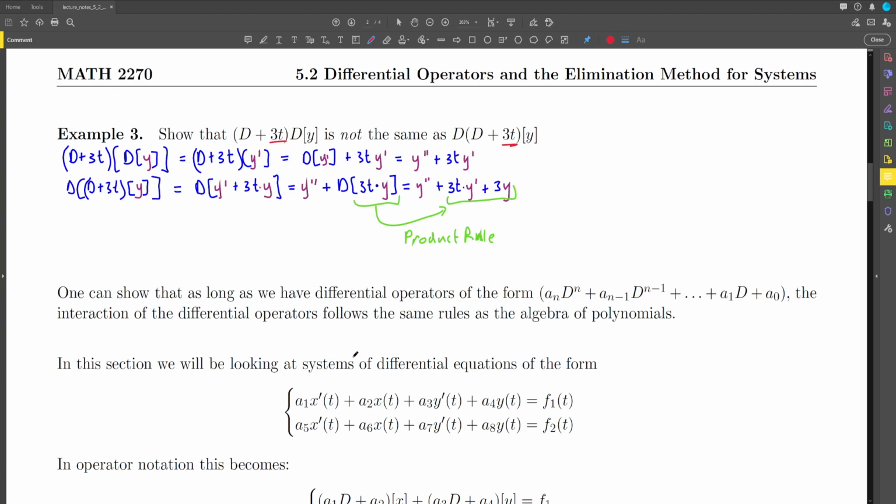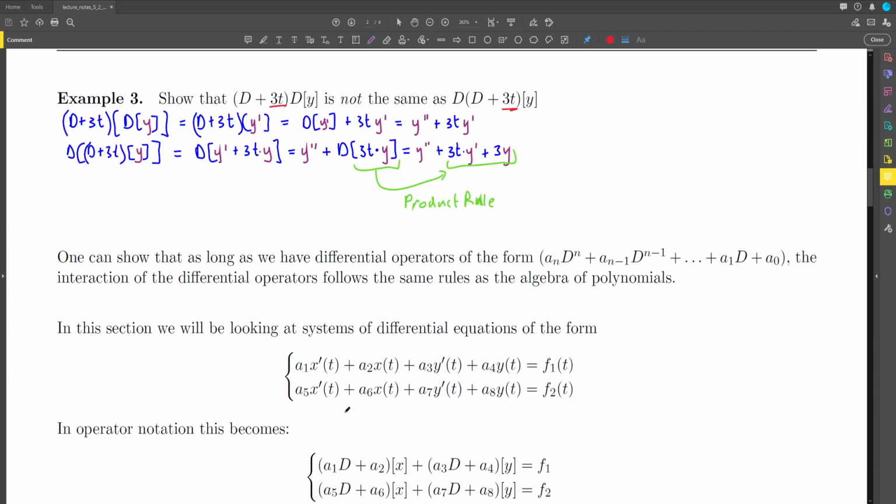And that means that when we take a look at systems of differential equations of the following form, and notice the constant coefficients here, a1, a2, a3, a4, a5, a6, a7, a8, then we can use the same rules we used for algebraic systems of equations.